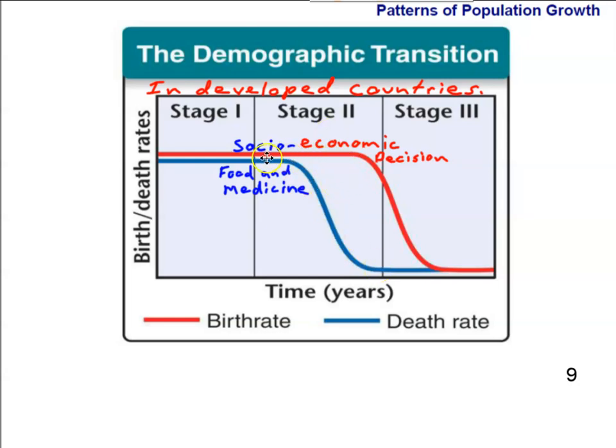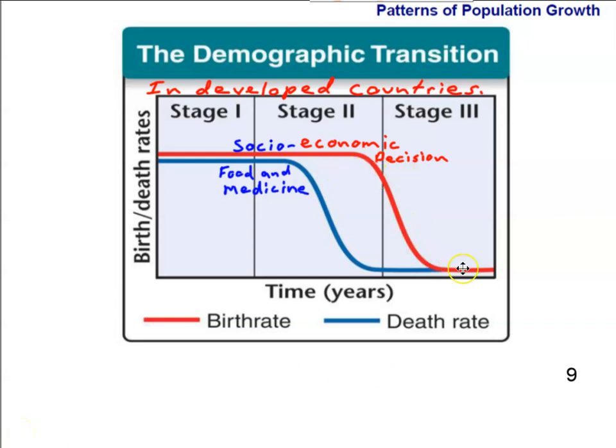And then for socioeconomic reasons, in other words, people make an economic decision, a family decision, to not have as many children, and that's when the birth rate decreases, and that would be stage 3. And in that case, the population would stop growing exponentially and possibly level off.